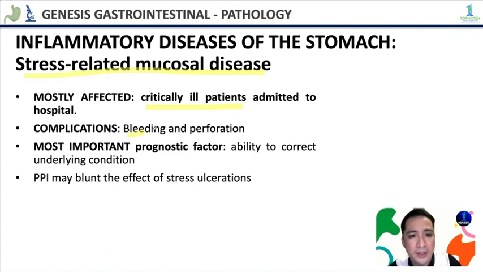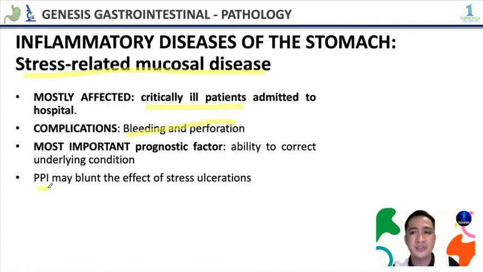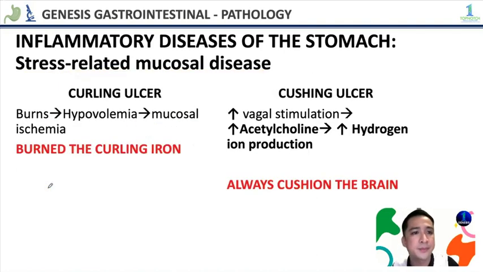Complications of your gastritis will include bleeding, first bleeding, followed by perforation, and of course, obstruction. You have learned that also from surgery. And the most important prognostic factor for the patient to thrive with this condition is the ability to correct the underlying condition. And of course, the PPI may also blunt the effect of stress ulcerations.